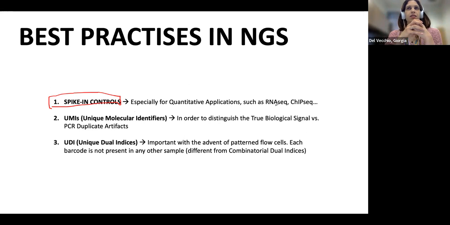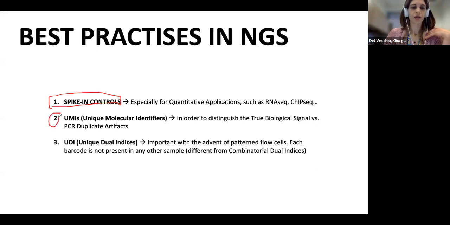But it's not 100% true. It can vary. That's why using a spiking control, even at the beginning of the experiment, even before preparing the library, during the RNA extraction, can be an important normalization step for your data.